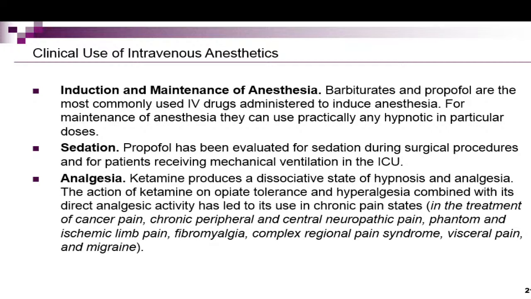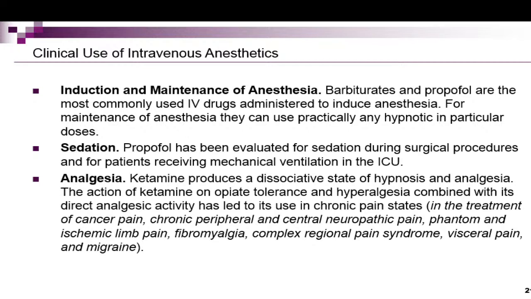And for analgesia, for example, ketamine produces a dissociative state of hypnosis and analgesia. The action of ketamine on opioid tolerance and hyperalgesia combined with the direct analgesic activity has led to its use in chronic pain states.